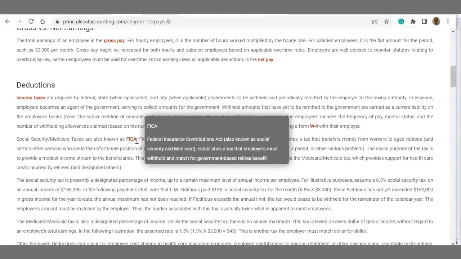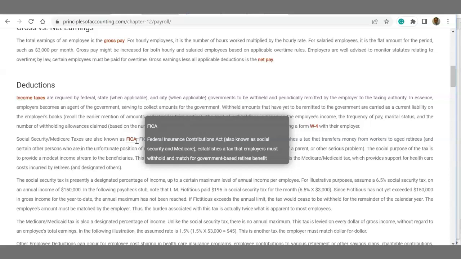So Social Security and Medicare taxes are also known as FICA. And what FICA means is Federal Insurance Contributions Act, which covers Social Security and Medicare. This Social Security and Medicare must be withheld by employers, and up to age like 67 at retirement time.